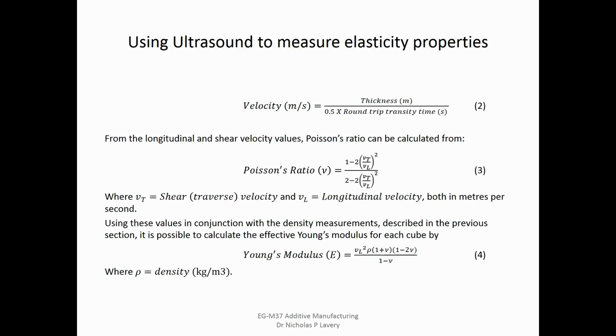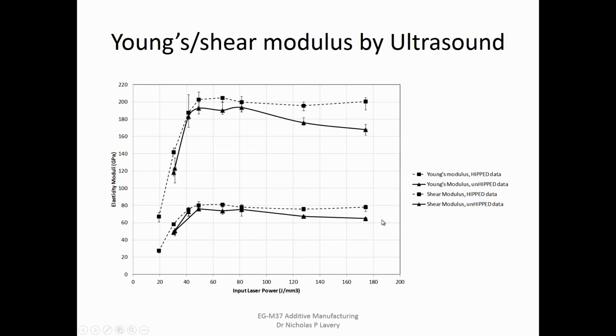With that you can derive the velocity of sound in the material, and certain equations will give you back the Poisson ratio and Young's modulus. And here are some of the results from that.